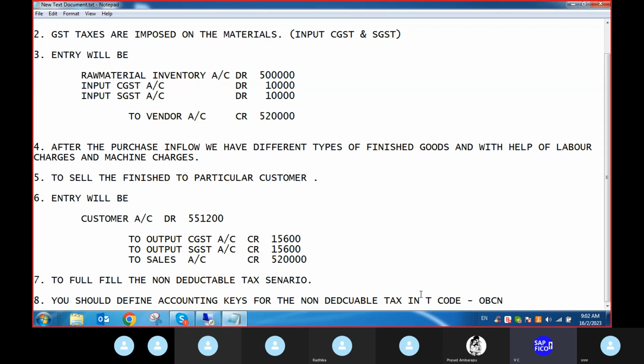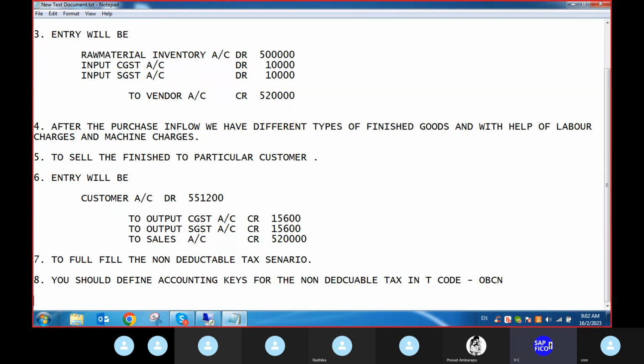And the next point will be: in SAP S4 HANA standard system, we do have non-deductible tax accounting keys.